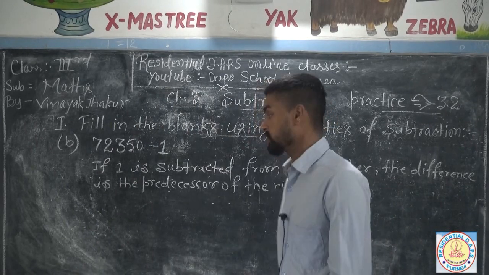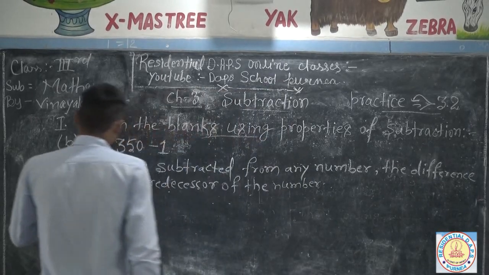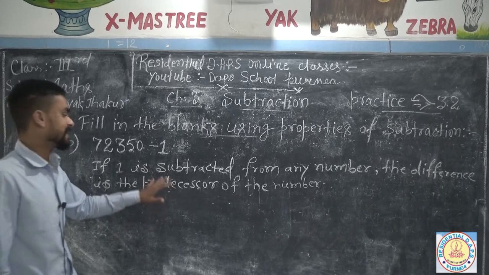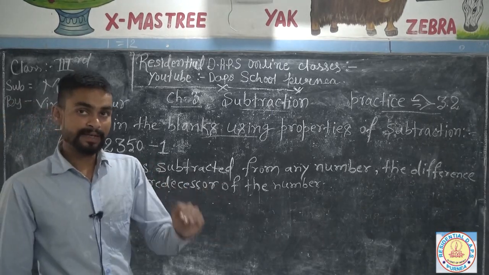So guys, here two properties are found, because if 1 is subtracted from any number, the difference is the predecessor of the number.